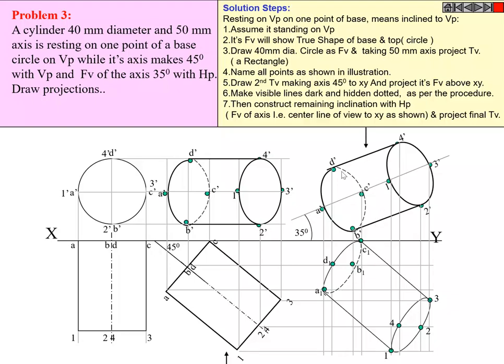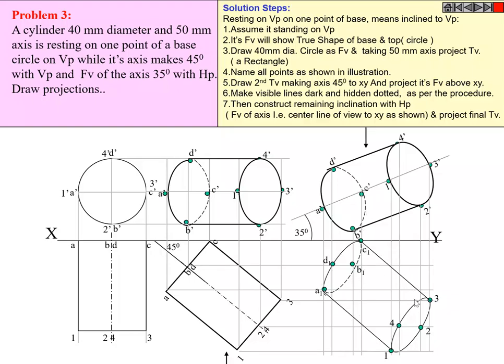If you see from the top, once again B dash, C dash, D dash are visible. Here ABC is away from the observer, so ABC is invisible, and D dash, C dash, B dash is visible.